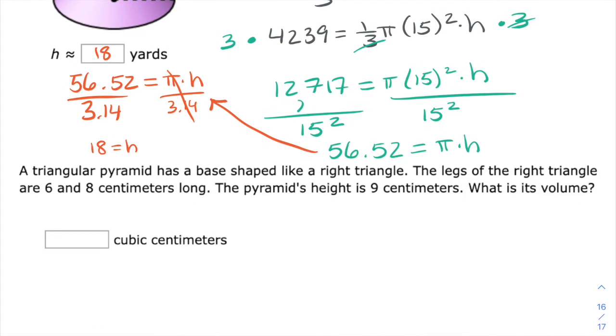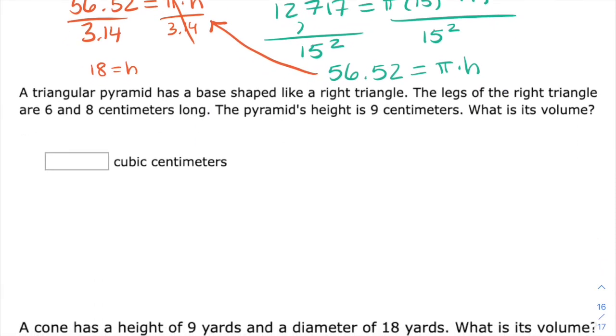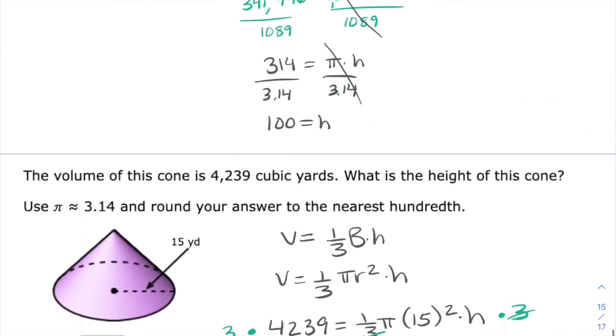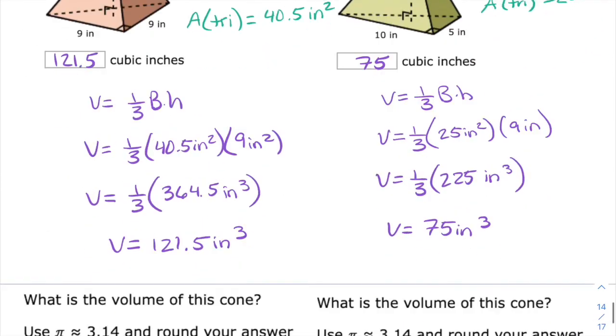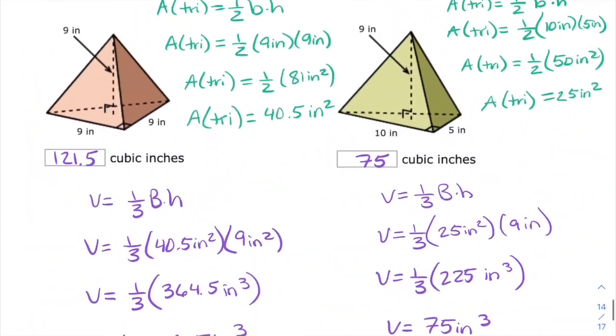All right, a triangular pyramid has a base shaped like a right triangle. The legs of the right triangle are 6 and 8 centimeters long. The pyramid's height is 9. What is its volume? So you could sketch one out if you wanted to. This is exactly what it looks like. Wait, it said 6 and 8.